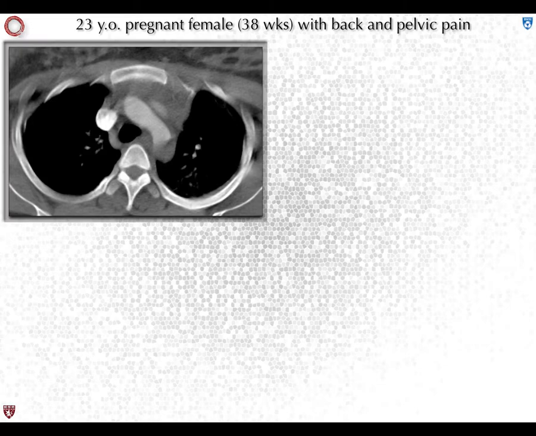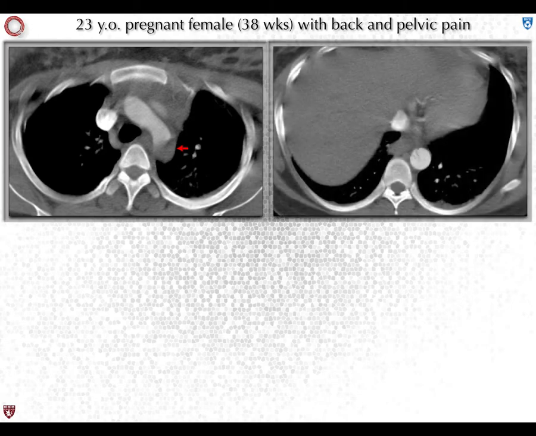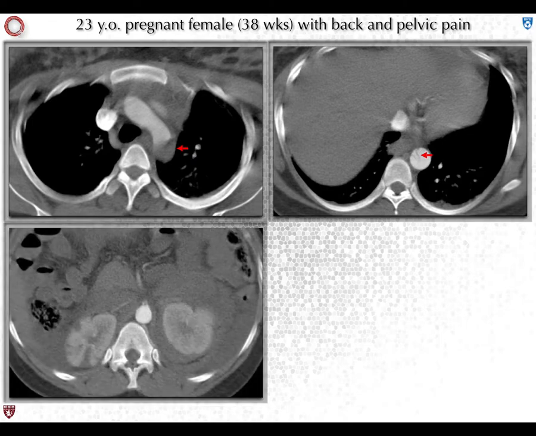Here's a 23-year-old pregnant female, 38 weeks, with back pain and pelvic pain. This is an unfortunate case. Here we see what looks like either an IMH or a dissection that's thrombosed, or we're too early, but we see the dissection flap here. So here's the true lumen, false lumen, both filling with contrast. Here we see the kidneys don't look too great.